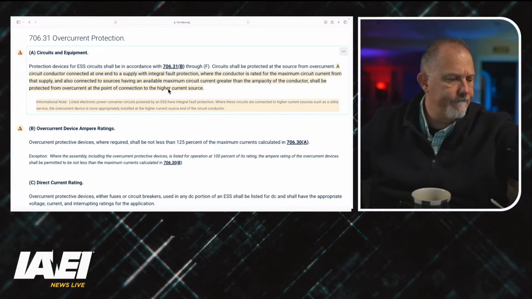So, I love this stuff. So what do we know? We know that we have unprotected conductors. We have unprotected conductors that come from the battery terminals.